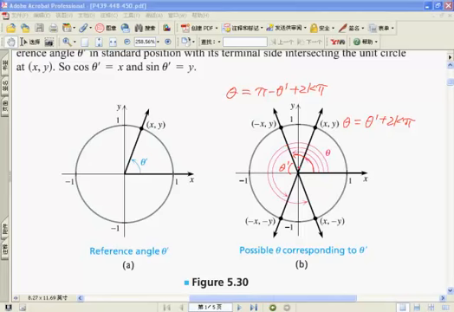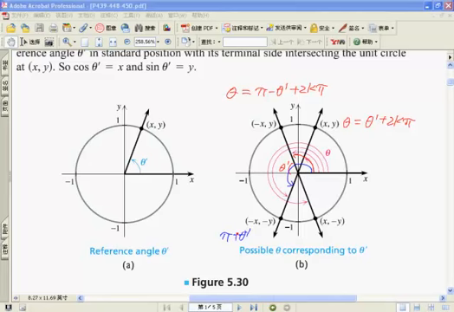Okay. Now, if we add pi to theta prime, so just turn half a revolution to here, then this angle, let me use the blue, this guy, is equal to pi plus theta prime, right?